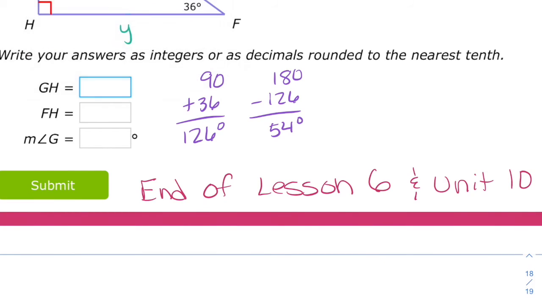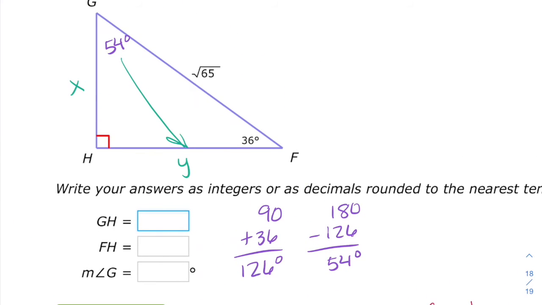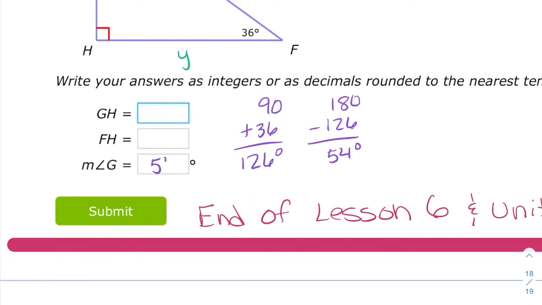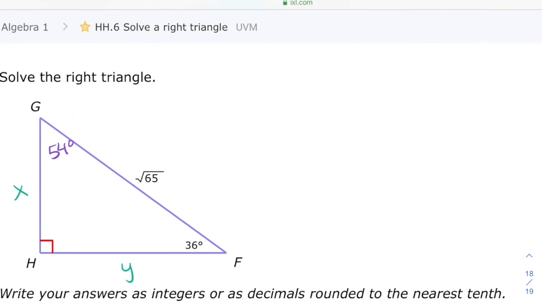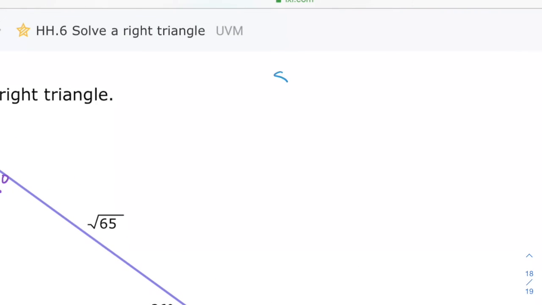We do want to make sure that we don't use tangent for this problem because we are given a hypotenuse, therefore we're going to use both trig functions that involve a hypotenuse.